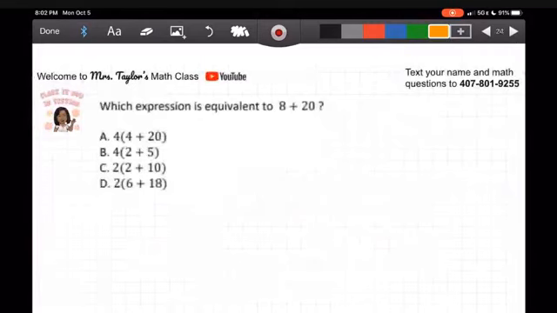So with this question, it says, which expression is equivalent to 8 plus 20? So before we even look at the answer choices, we know that 8 plus 20 is going to get me 28. So let's look at a way you can do this problem. One way you can do this problem is to go and figure out the answer to each one of these problems.